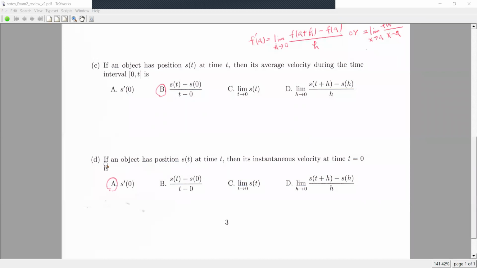Part D. If an object has position s of t at time t, then its instantaneous velocity at time t is 0 is A, because the derivative of the position function is instantaneous velocity.